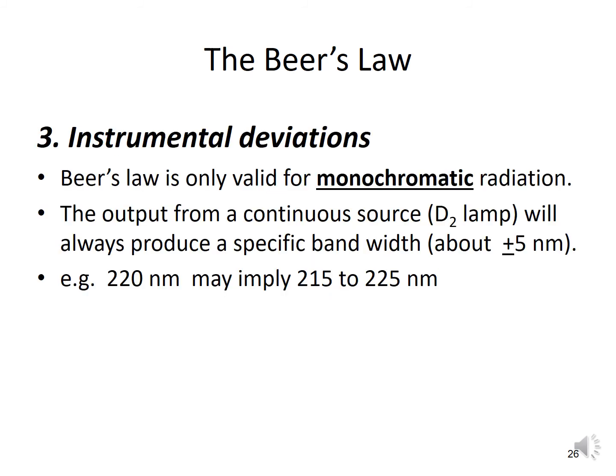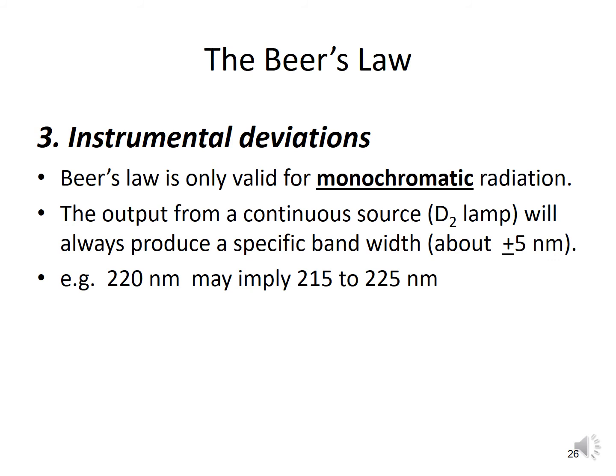Okay, so the next is the instrumental deviation. Beer's law is only valid for monochromatic radiation, and the output from a continuous source like the deuterium lamp will always produce a specific bandwidth of about plus or minus 5 nanometers. So there will always be some error.